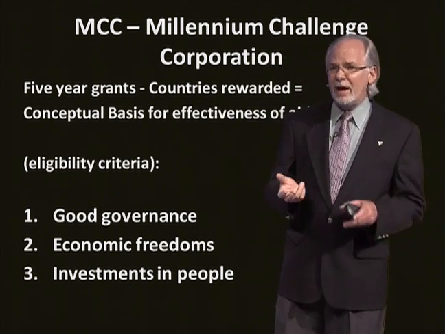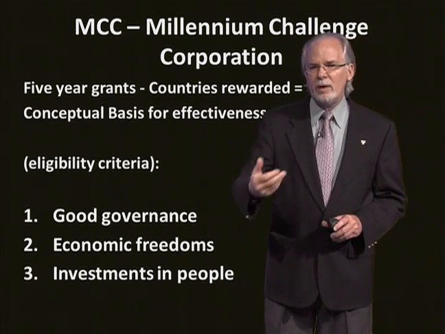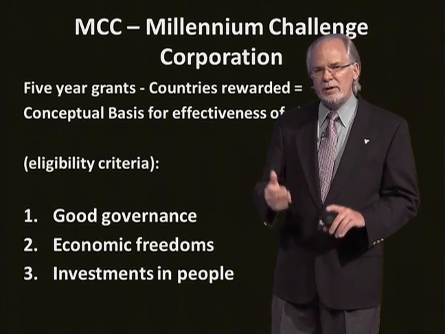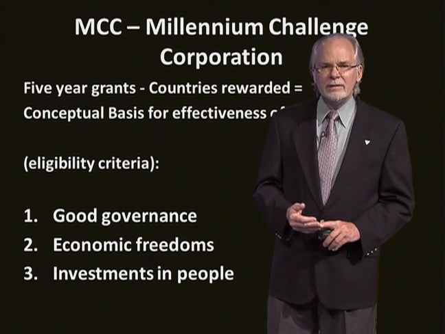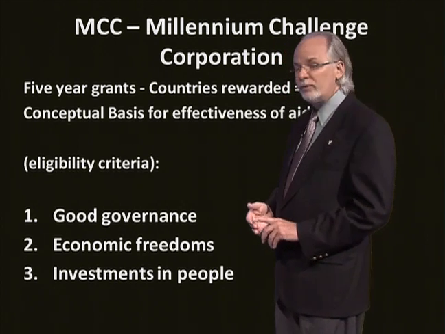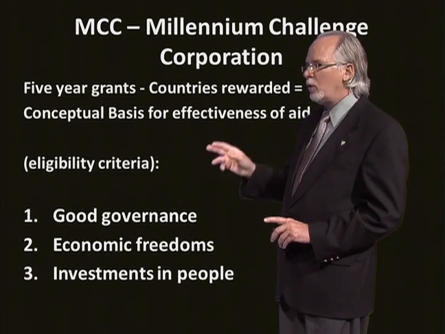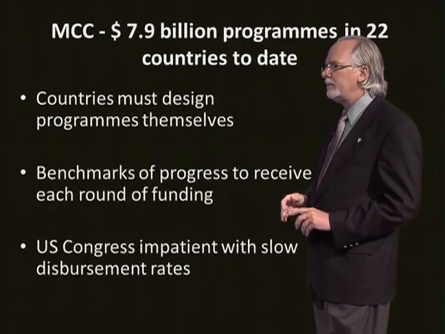These programs are designed by the governments themselves. They're not just a normal grant kind of program where support is provided to the government and the U.S. steps back. The governments have to prepare these proposals themselves, and they have to show very particular results that are then tracked over the 5-year period.